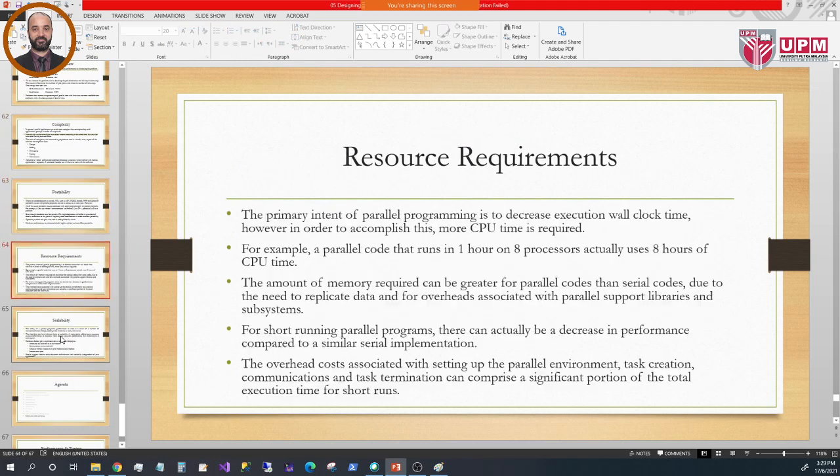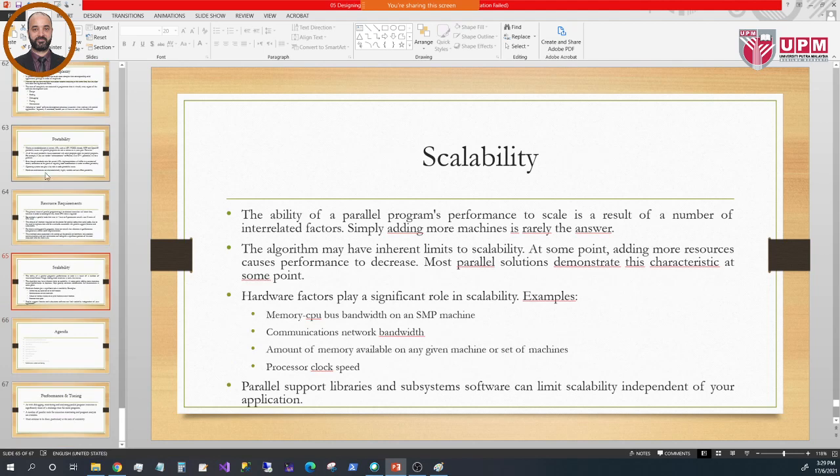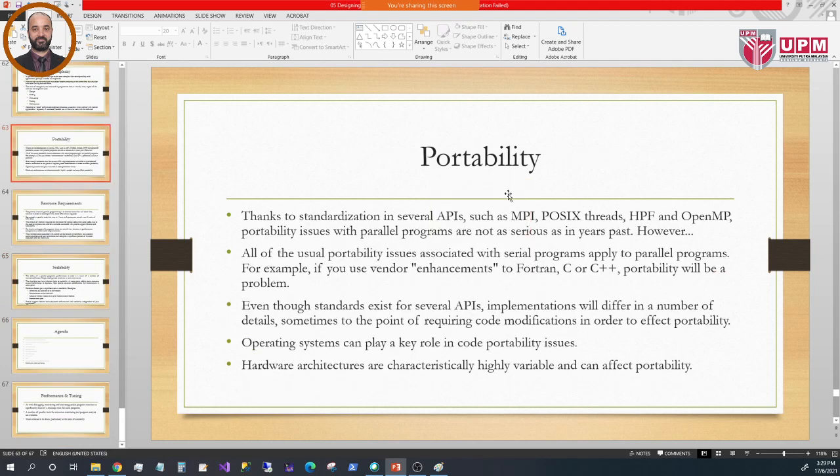Portability. This is very theoretical information here. Thanks to standardization in several APIs such as MPI, POSIX Threads, HPF, and OpenMP, portability issues with parallel programs are not as serious as in years past, however.